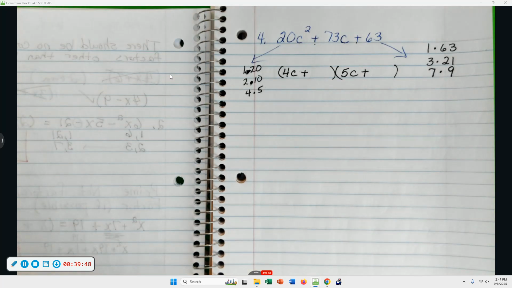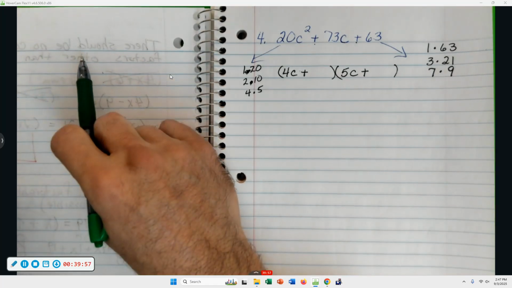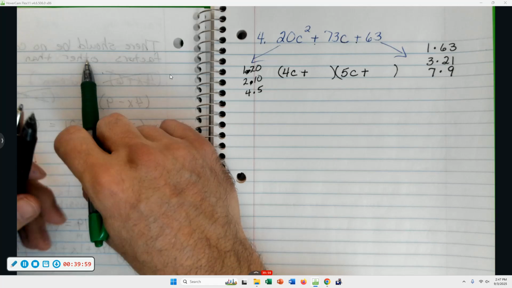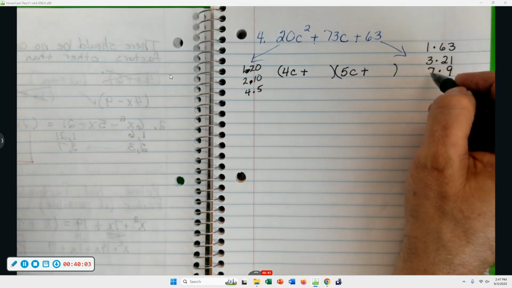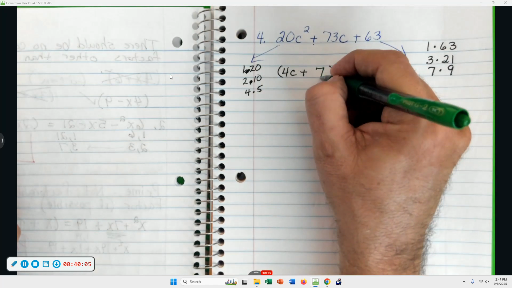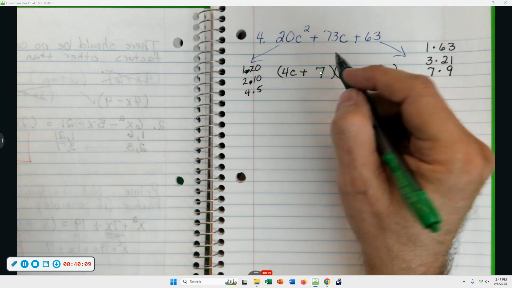All of these just have a common factor of 1, so my little common factor rule isn't going to help us. I'm going to try it with 7 and 9 first, and if this doesn't work out, then we'll reverse the 9 and the 7.